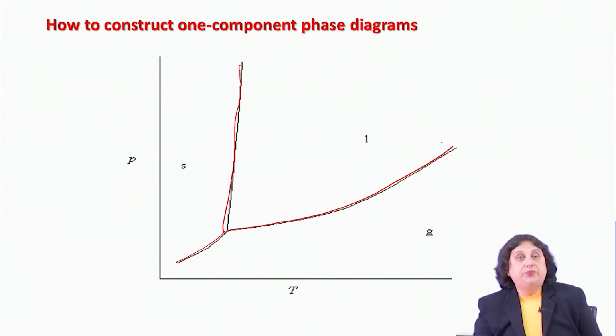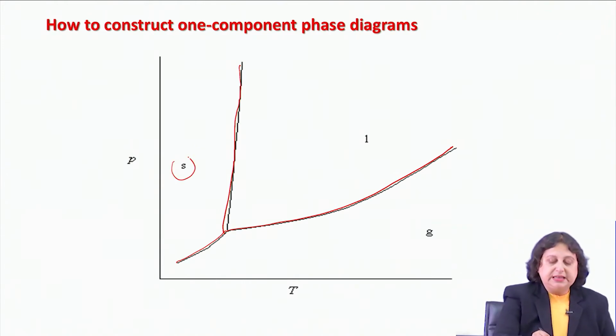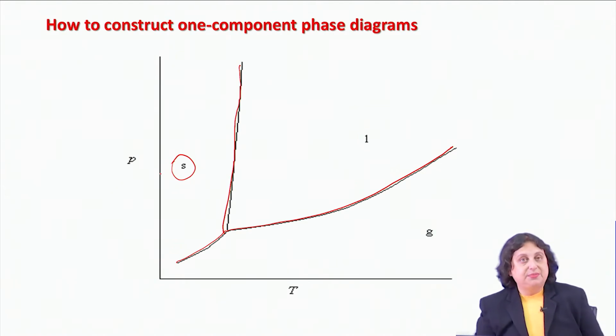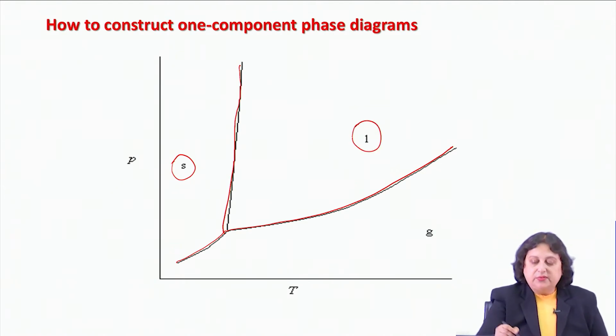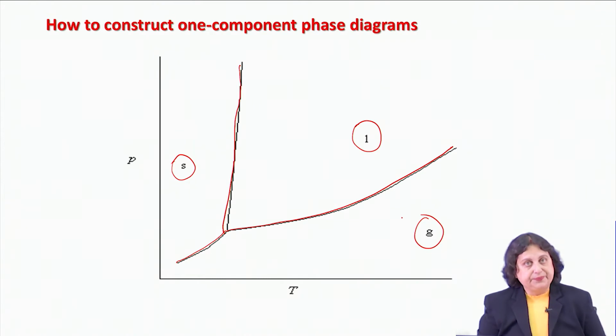And depending on the values of P and T of where you are, the system can either be stable in the solid phase or the liquid phase or the gas phase.